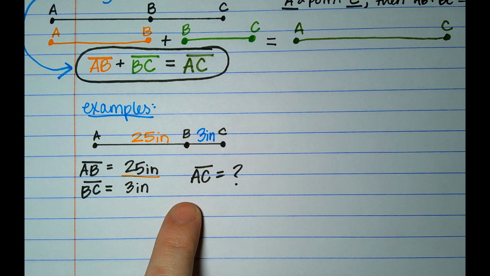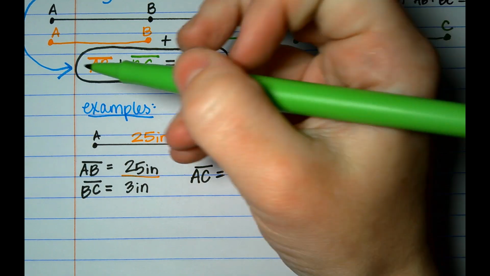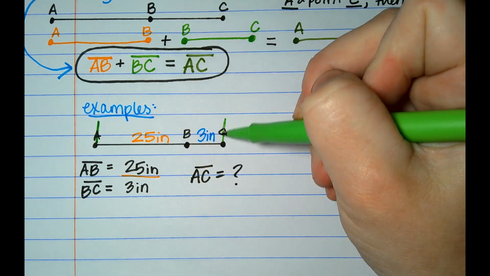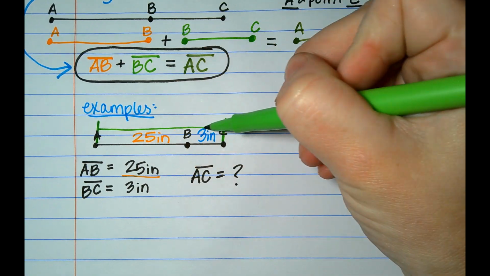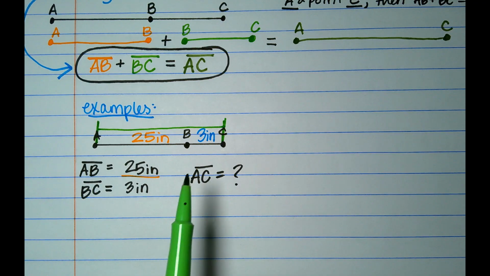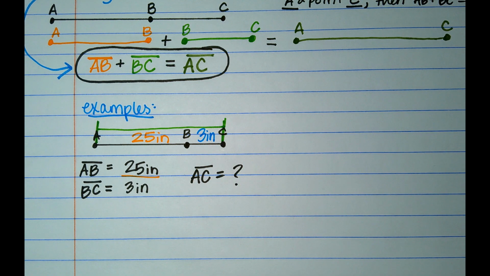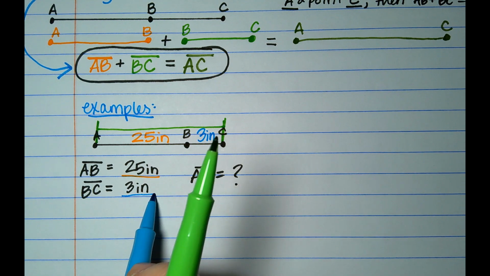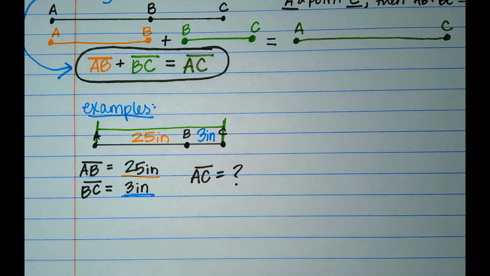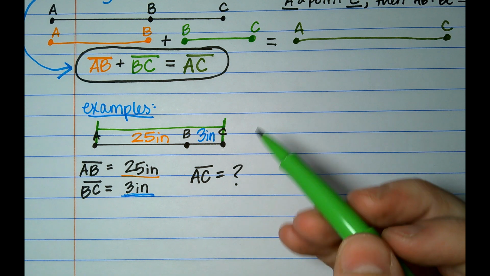If I want to know A to C, I want to know here to here. When you see it written like this, is it a little easier to tell that we need to add them together? Yeah, sometimes just labeling your picture helps quite a bit, especially if you're a visual learner.